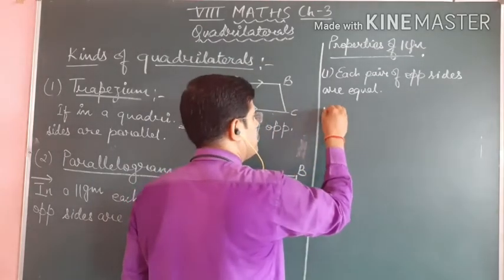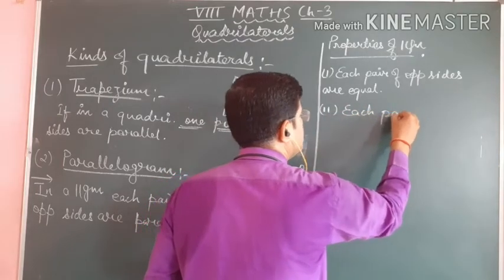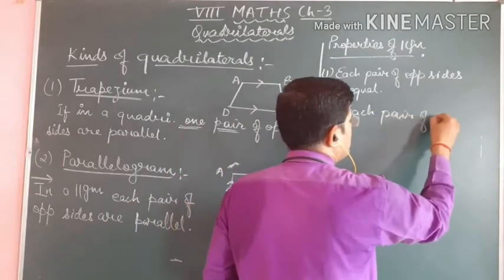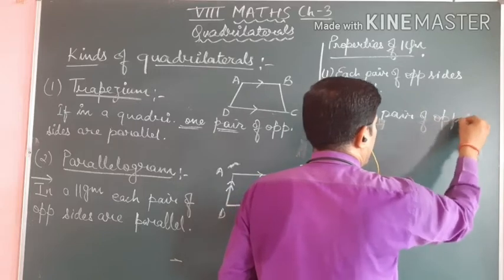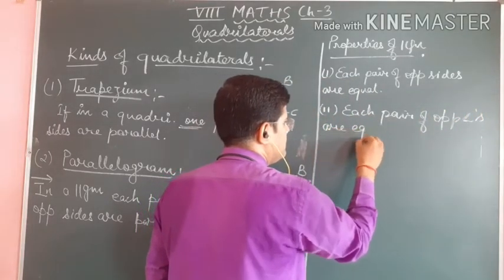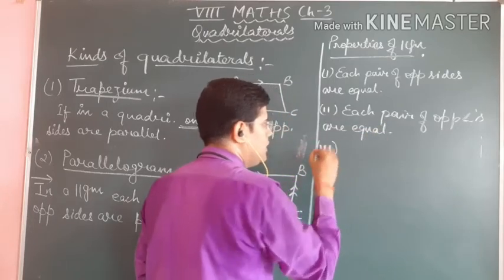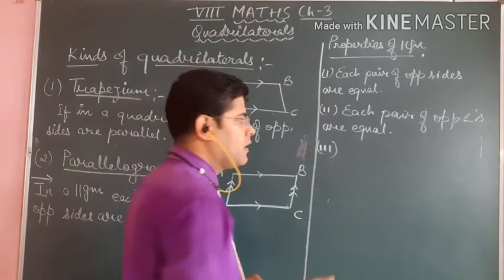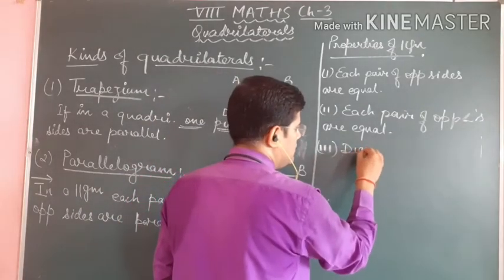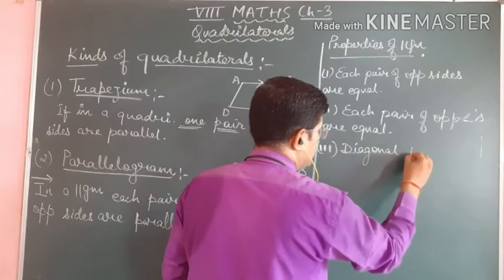Now the second one, each pair of opposite angles are equal. The third one is diagonals bisect each other.